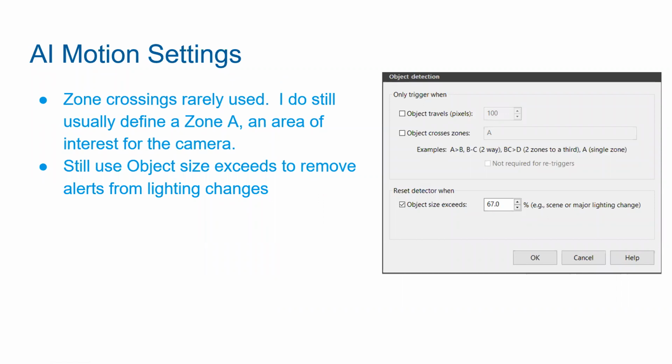Okay, another question that comes up is, now that we have AI, are there things that I use more or less because AI can do a lot of filtering as well to provide meaningful alerts? So, like the object detection stuff, I still keep the object size exceeds.